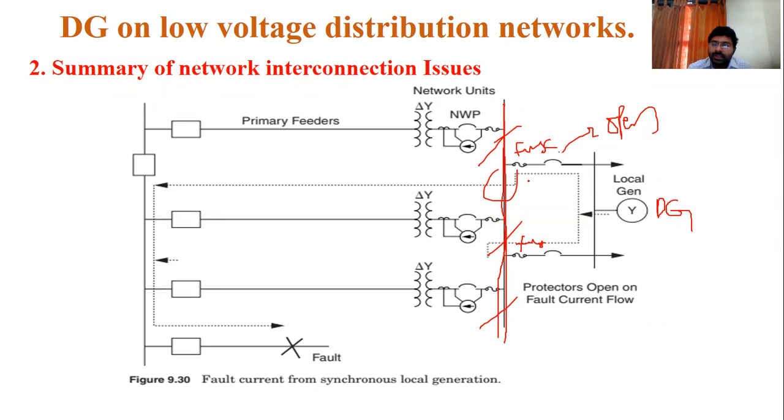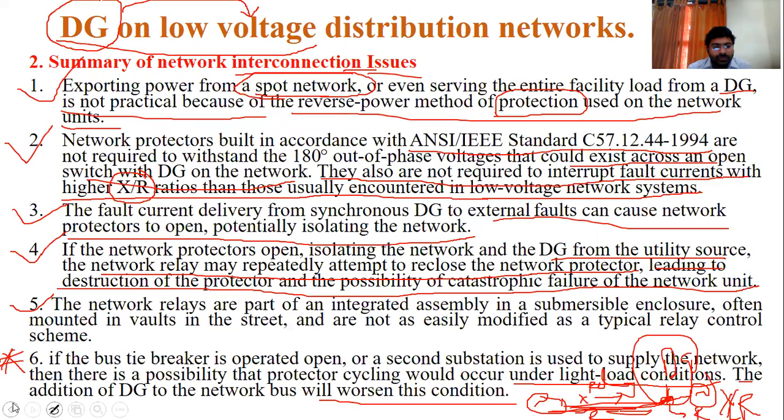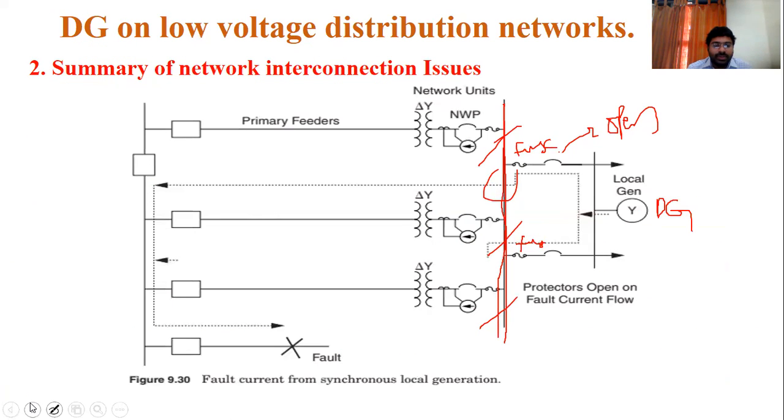If it is open near substation 1, then the second and third substations will supply the power to the network, and so on. So this causes some burden on the systems, and maybe more damage to the systems and all.